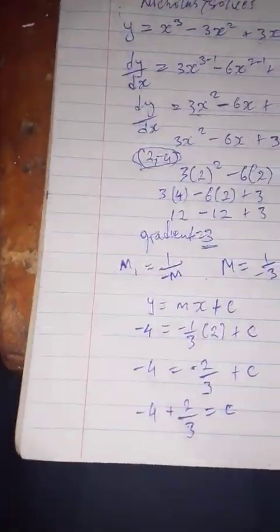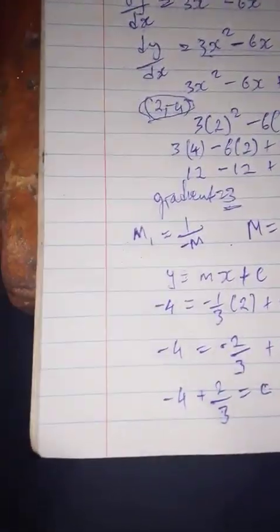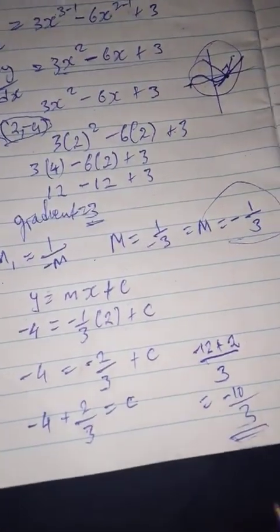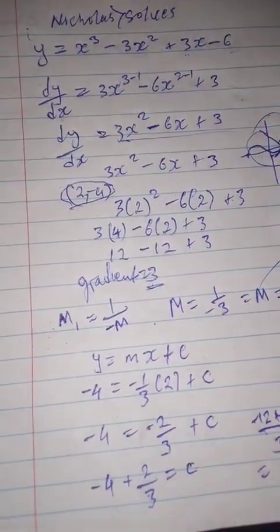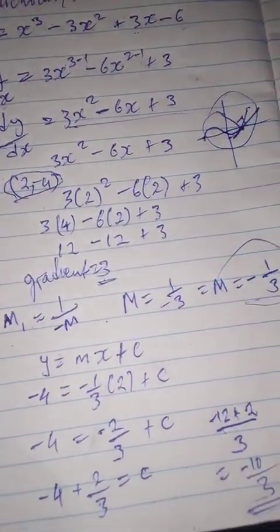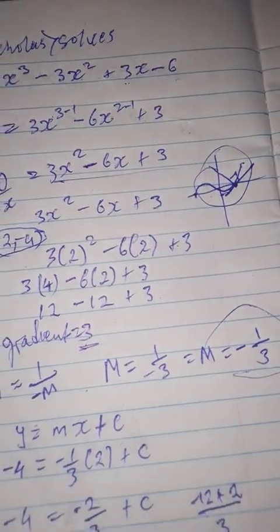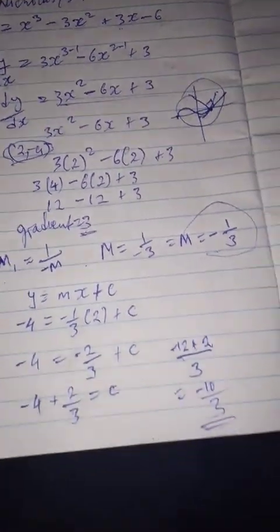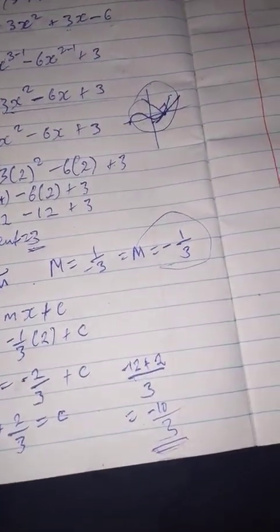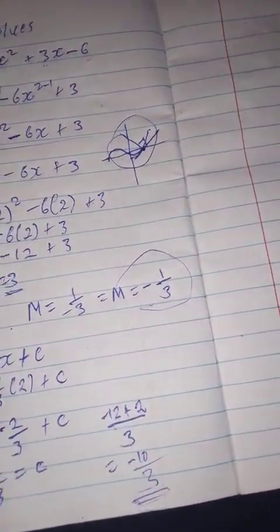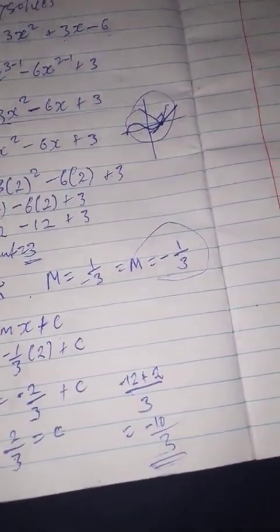Knowing the value of c, and knowing the gradient of the normal, we are now going to find the equation of the normal to the curve. We use the same equation, y is equal to mx plus c.